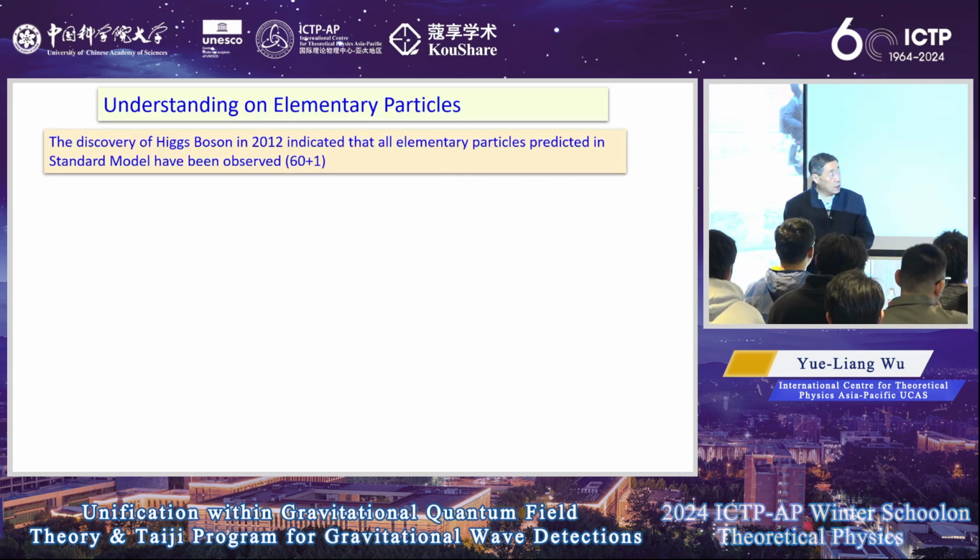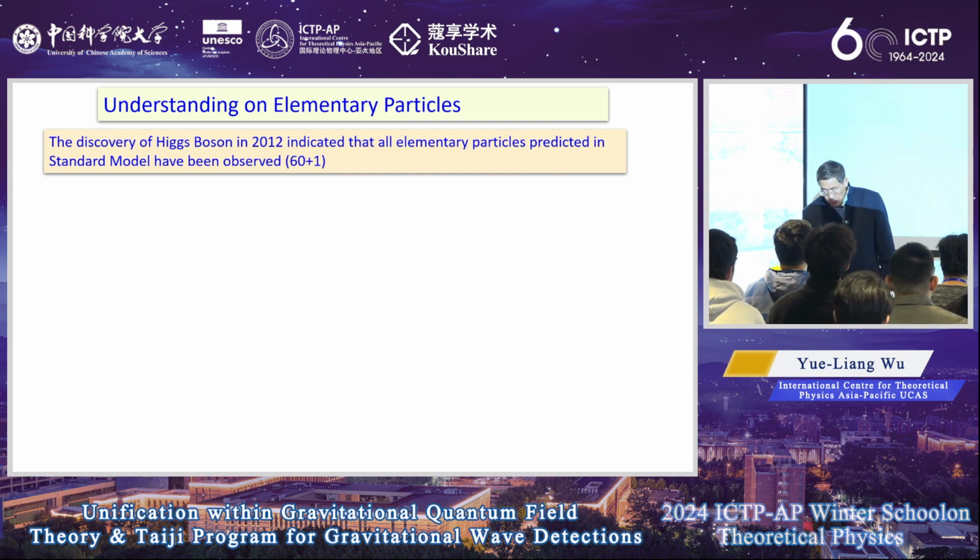So, our current understanding of elementary particle physics: we know the discovery of the Higgs boson in 2012 means the last predicted particle in the standard model was found. In total, in the standard model, there are 61 particles.